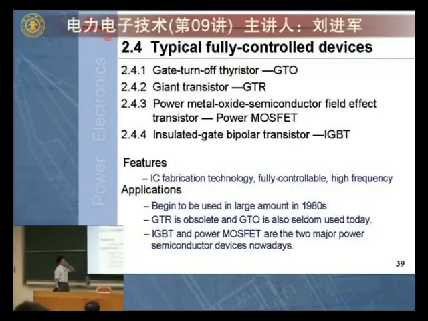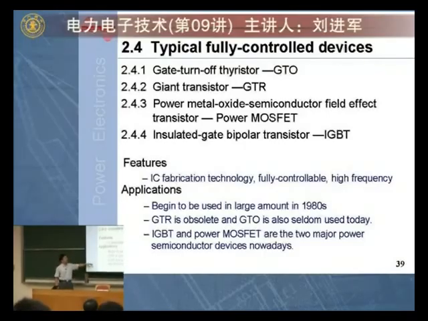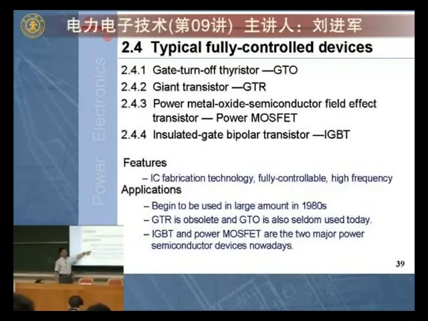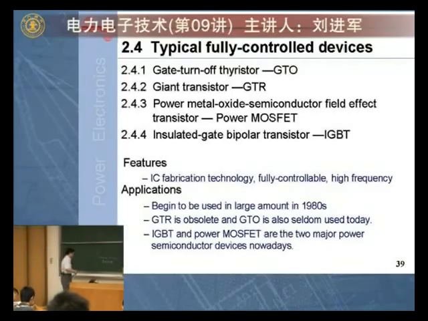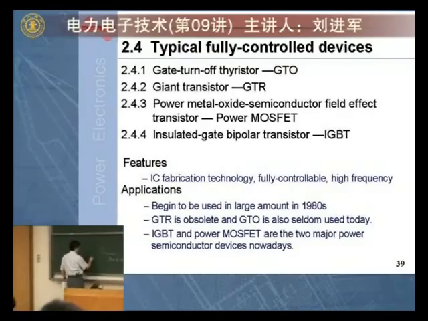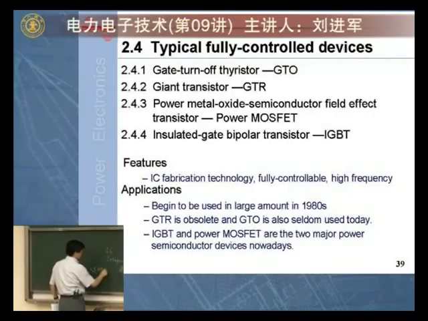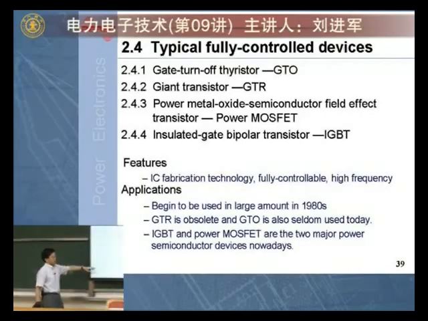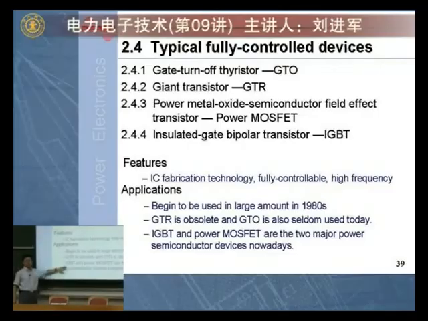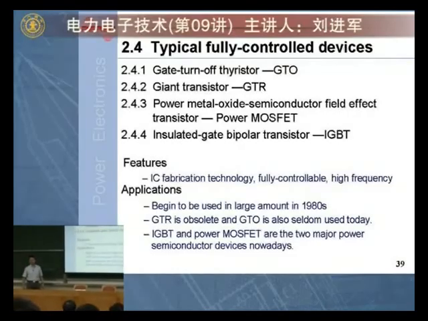But right now, talking about these 4 different types of fully controlled devices, I would say the first 2, GTO and GTR, are seldom used today. They became obsolete. IGBT and power MOSFET are the two types of devices that we mainly use today.